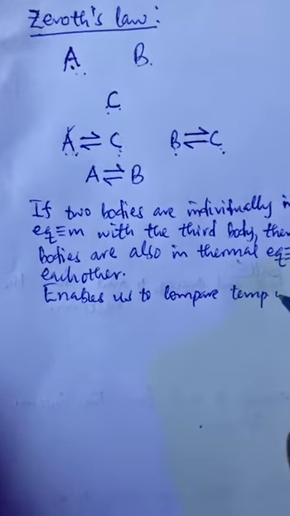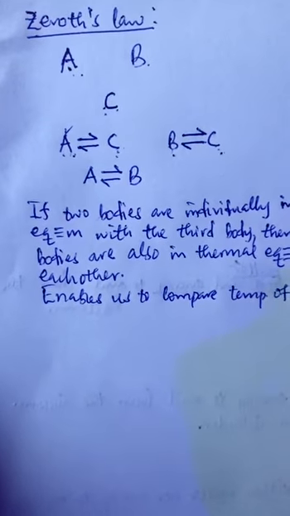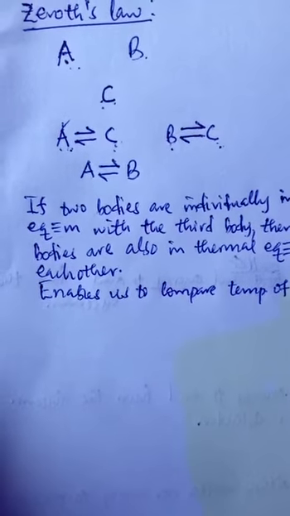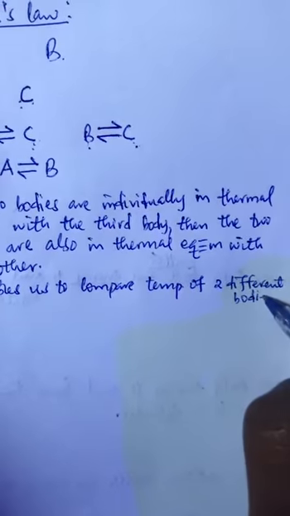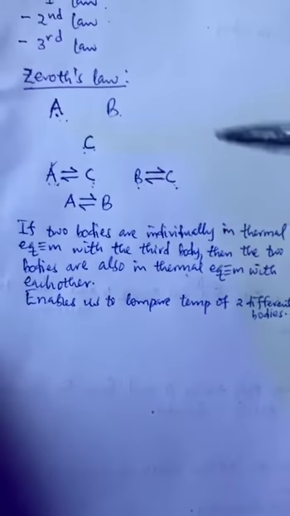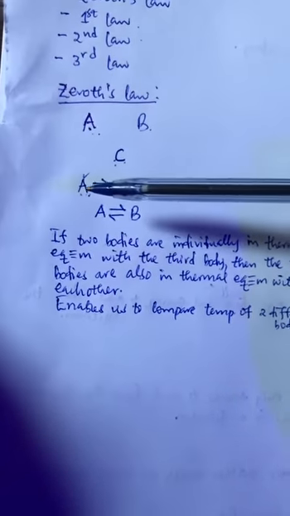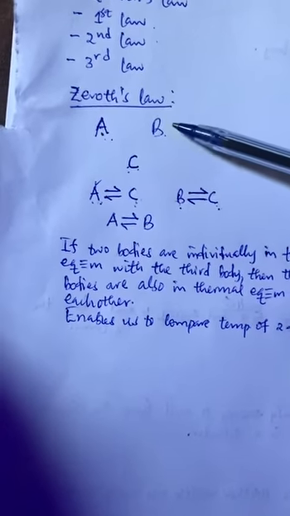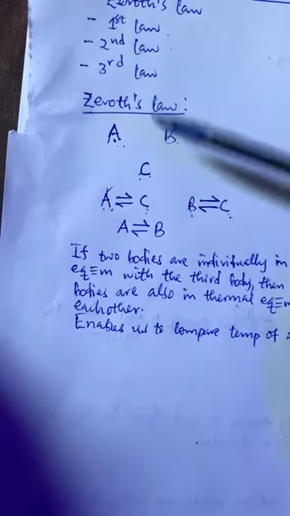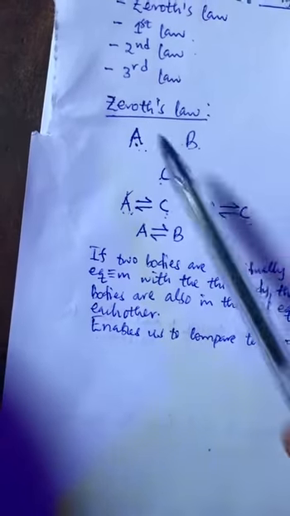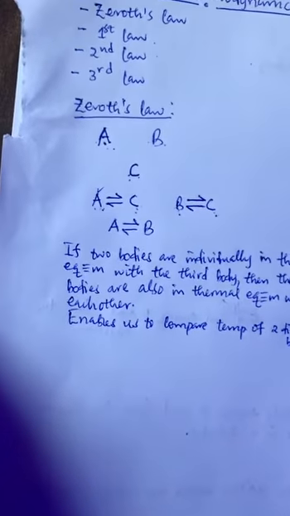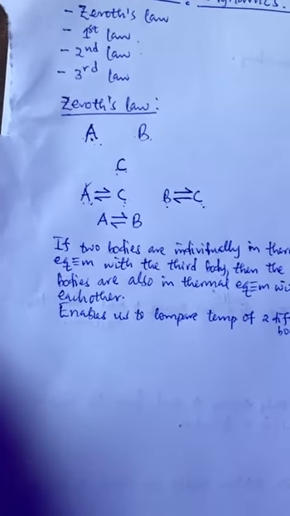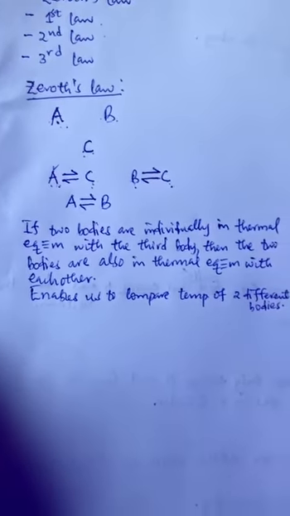For example, since I know that A is in equilibrium with C and also B is in equilibrium with C, then I can determine the temperature of B without bringing it in contact with A. So basically that is the zeroth law of thermodynamics.